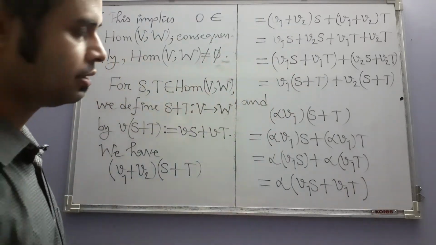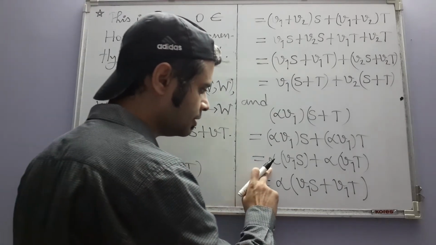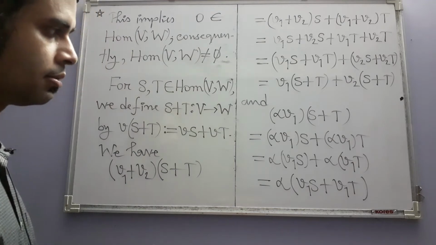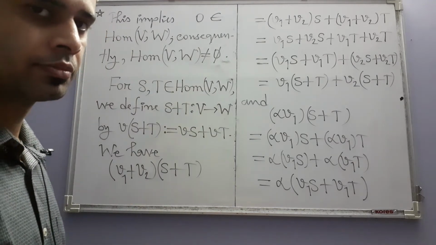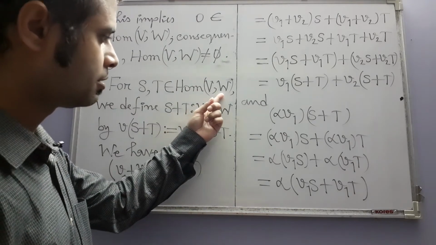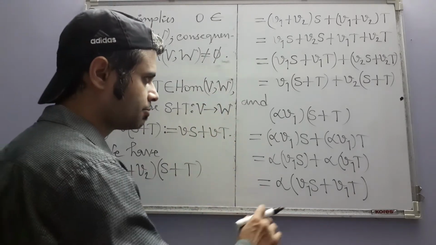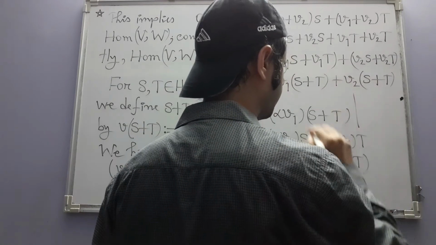And do you see why? That is because this type of calculation is actually an axiom in the vector space W, where what we have used in this step is simply this thing.